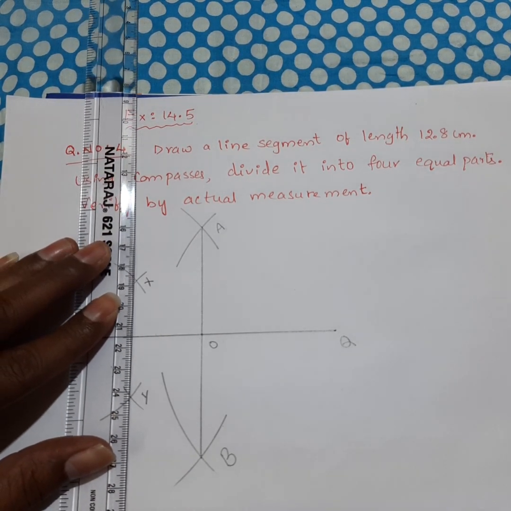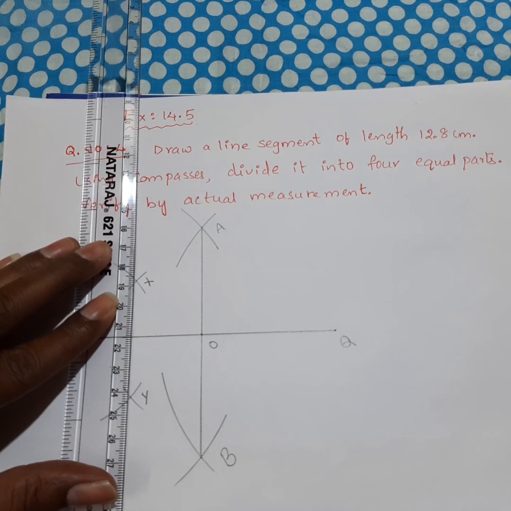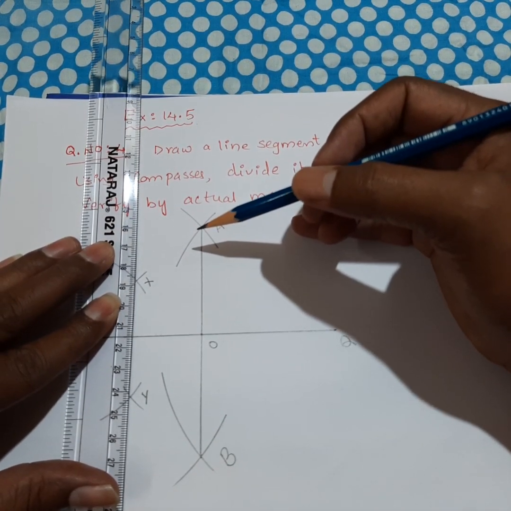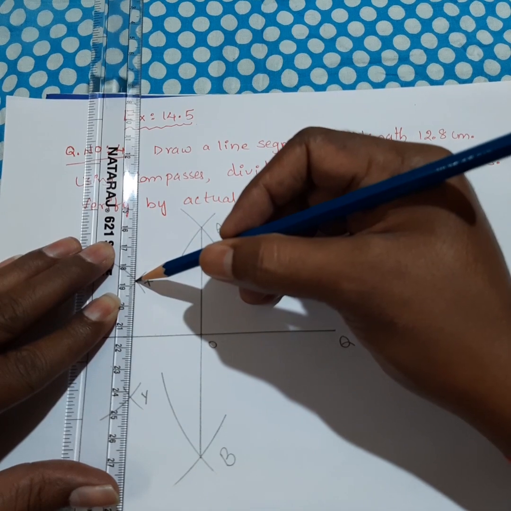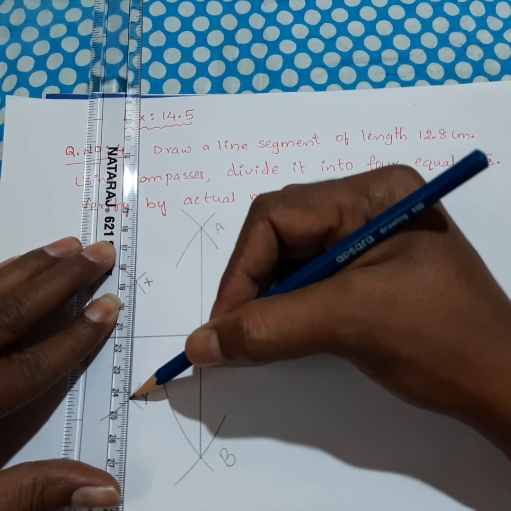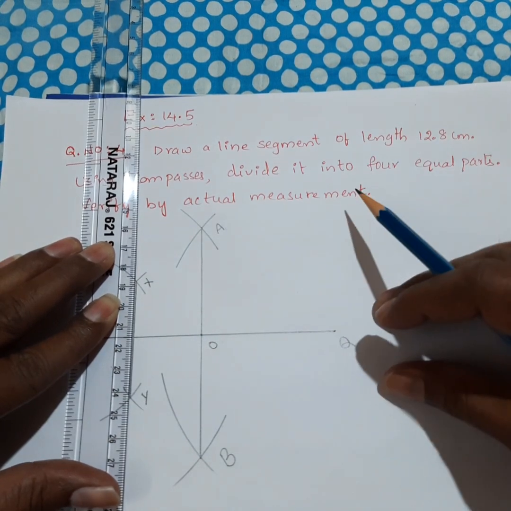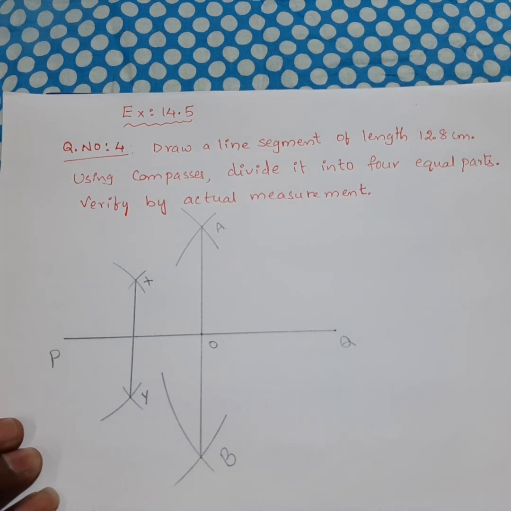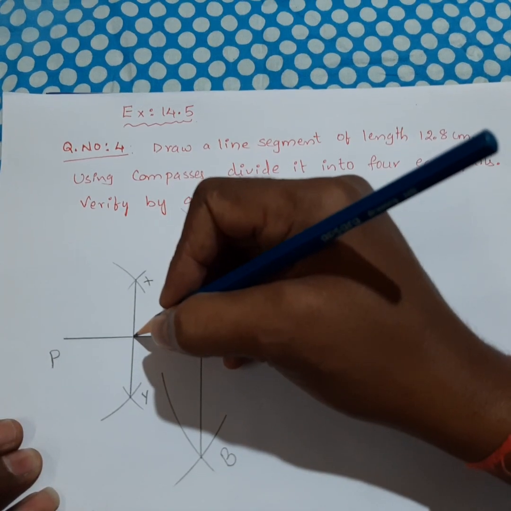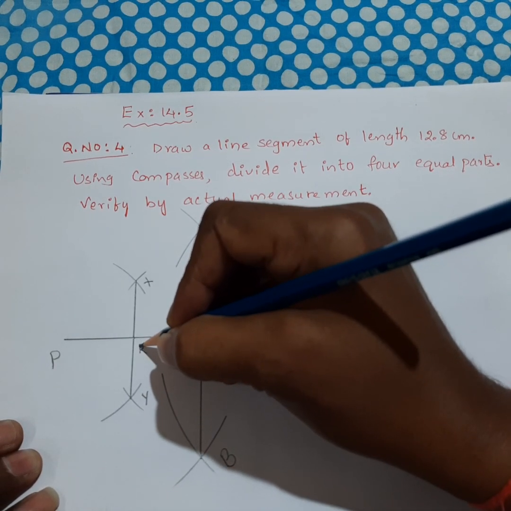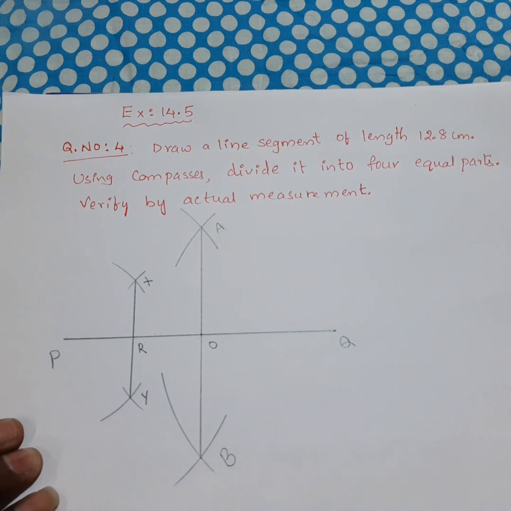So while joining, see that you draw the line very exactly. XY will intersect PO at one more point, let us take that as R. R is the midpoint of PO.